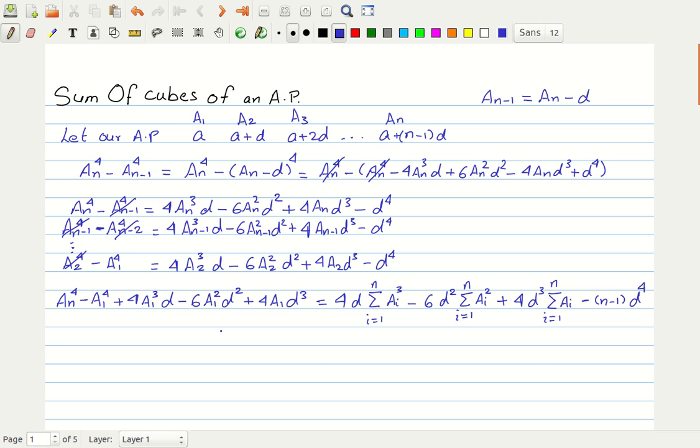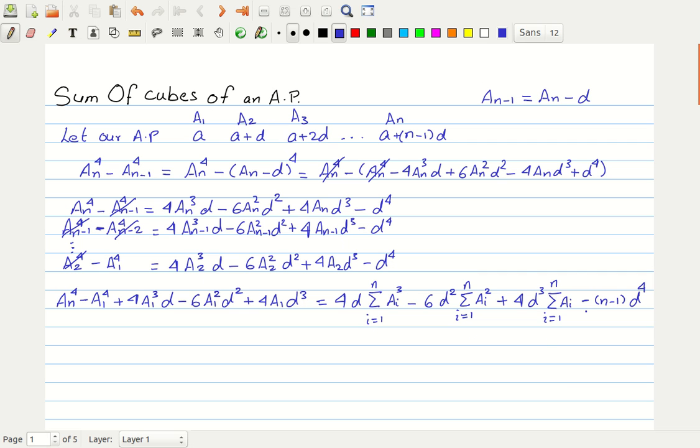Now this problem is very, very easy. We can calculate all the terms on the left hand side, because we know what an is, we know what a1 is. We know an is a plus n minus 1 d, a1 is simply a. We also have derived the formula for the sum of squares of an AP in the previous video, right?